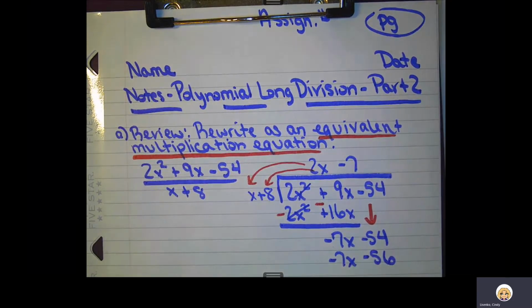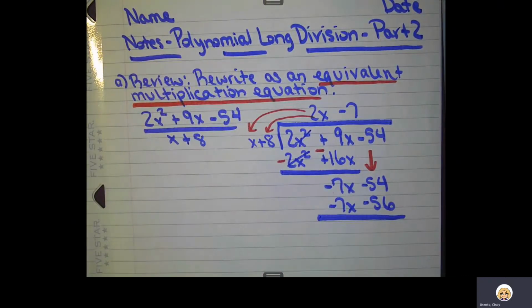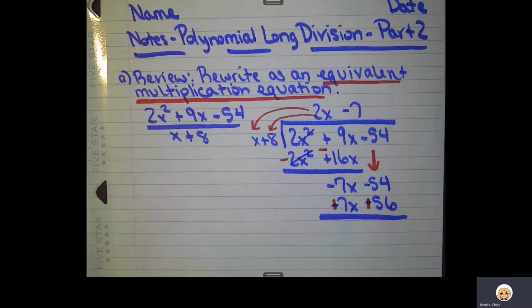Our first two terms match, which is what we want. So in order to write what's left, we're going to change the signs of what we just wrote. So this negative 7x becomes plus 7x. This minus 56 becomes plus 56 because we're subtracting what we see. The 7x's cancel out, and we should just be left with a constant, a number. Negative 54 plus 56 is a positive 2.